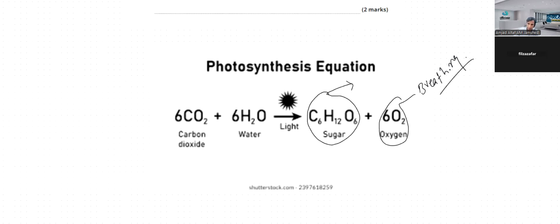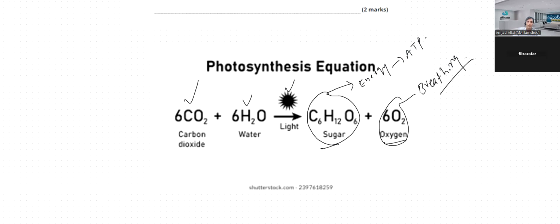It will give us energy as well, and that energy is in the form of ATP. So carbon dioxide is very important, water is very important, sunlight is very important. Just by having all of these three components, you'll get sugar and oxygen.